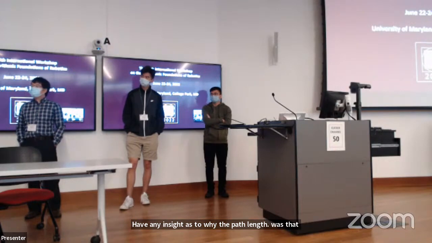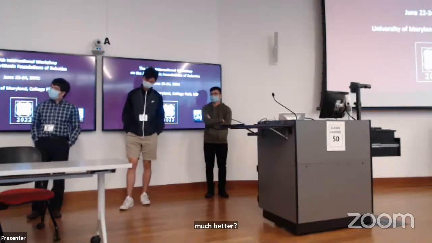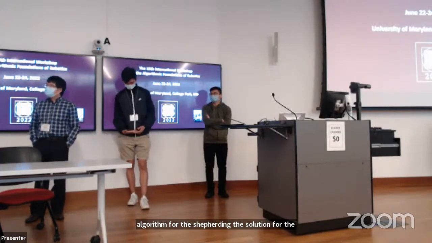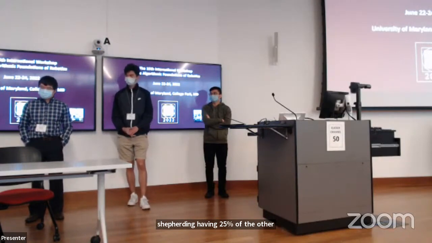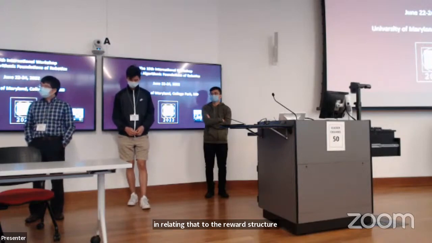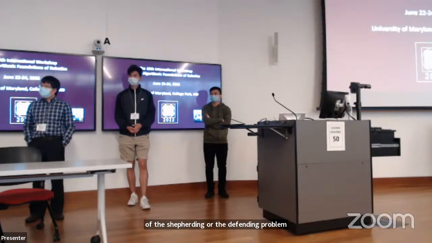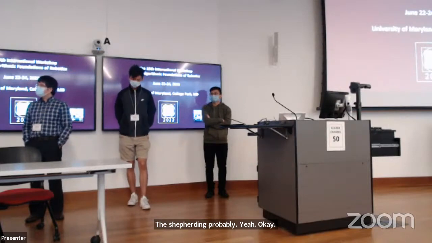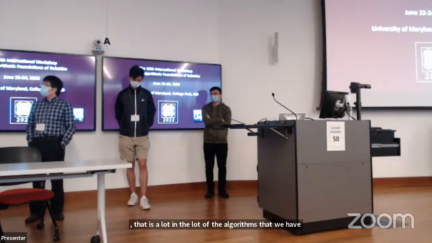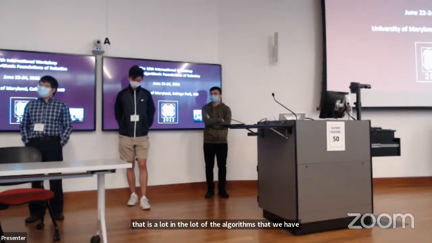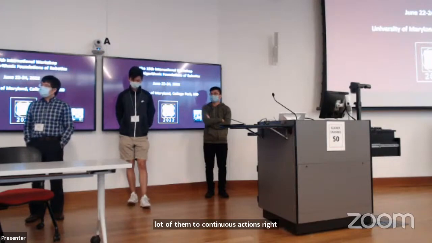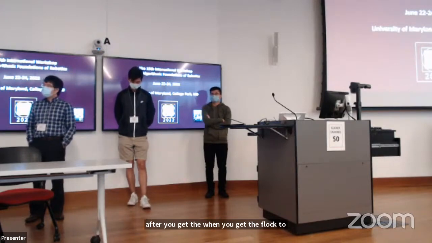So you're asking about the solution for the shepherding having 25% of the other solutions, and relating that to the reward structure of the shepherding or the defending problem? The shepherding problem. Okay. What we see is that a lot of the baseline methods that we're comparing against do continuous actions right after you get the flock to the goal, to try to keep it there.